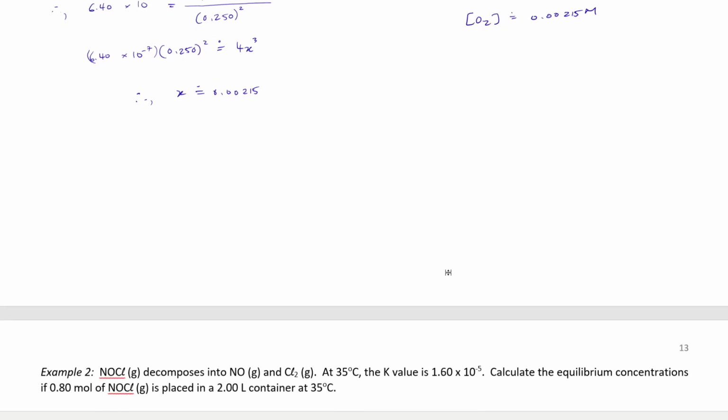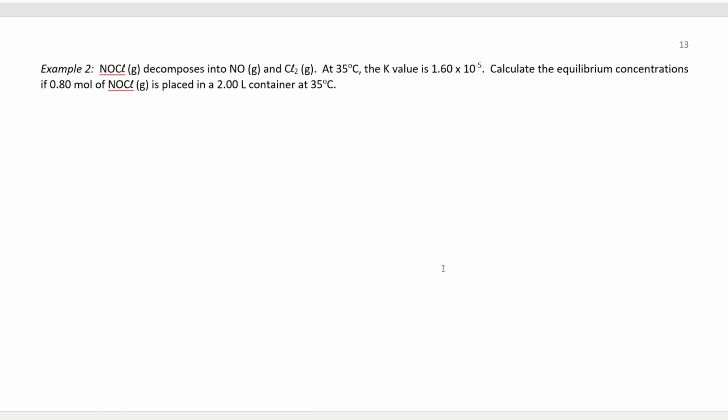Okay, for the next question, I'll get you to do that on your own. However, if you'd like to check to see if you got the right answer, I will give you the equilibrium values. And so the equilibrium values, these are the answers. NaCl at equilibrium is approximately equal to 0.40 molar. The concentration of nitrogen monoxide at equilibrium is approximately equal to 0.0172.